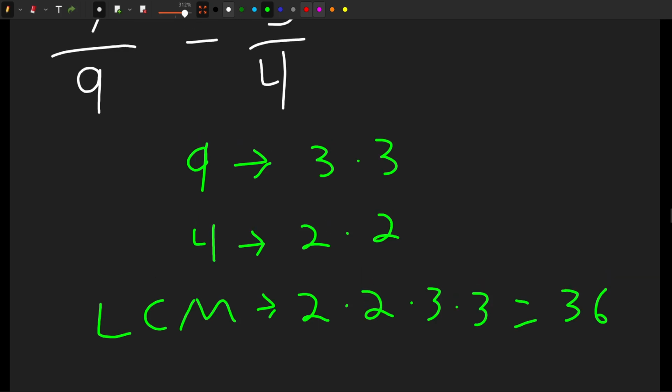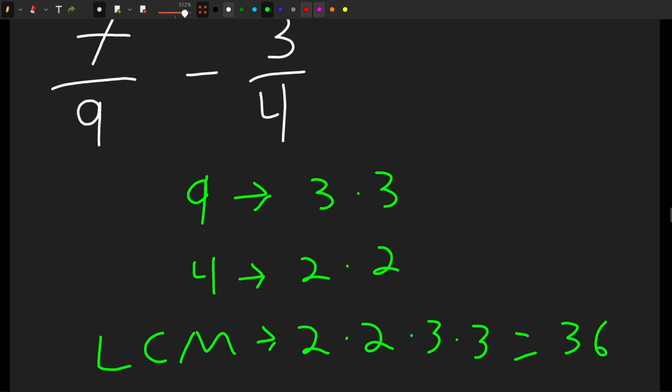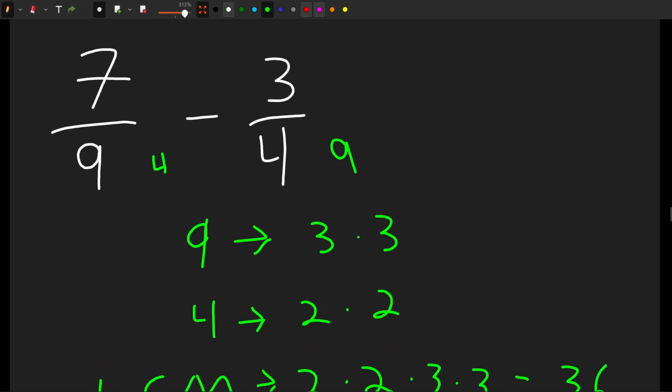Now I'm going to do a little bit of a quicker math. What should I multiply 9 by to get to 36? That'll be 4. And then what should I multiply 4 by to get to 36? I know that'll be 9. So I'm going to then do 7 times 4 and 3 times 9.